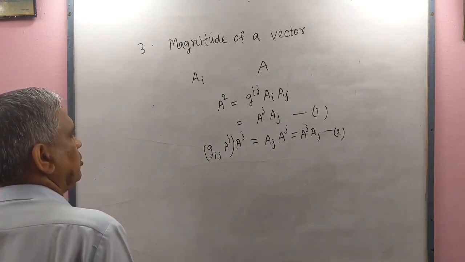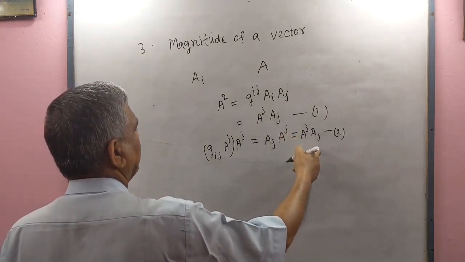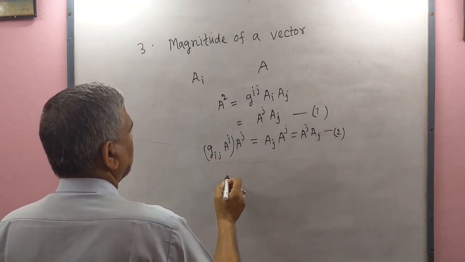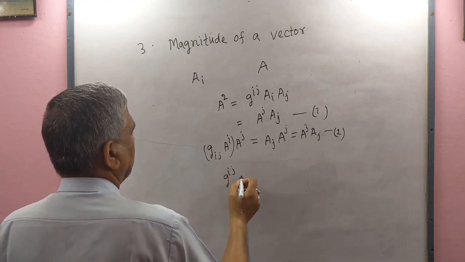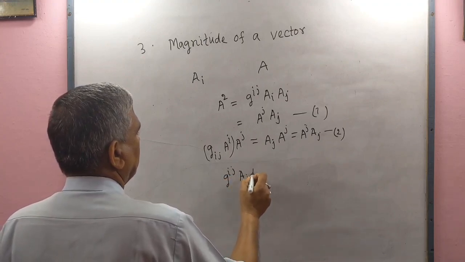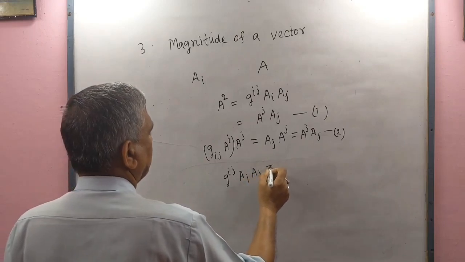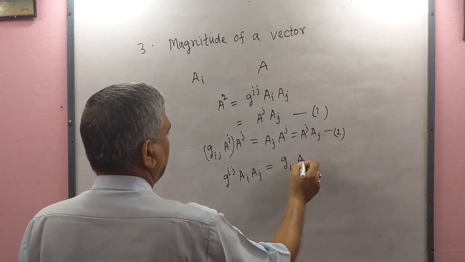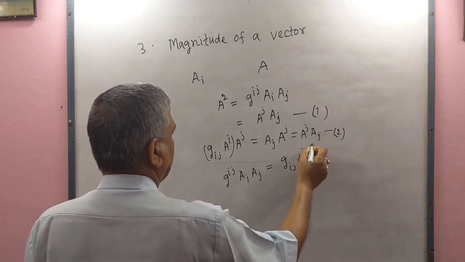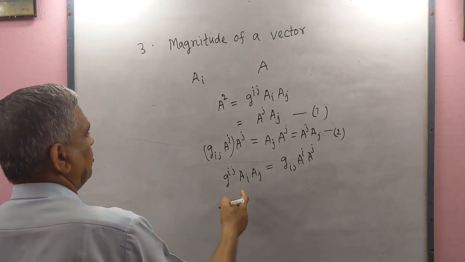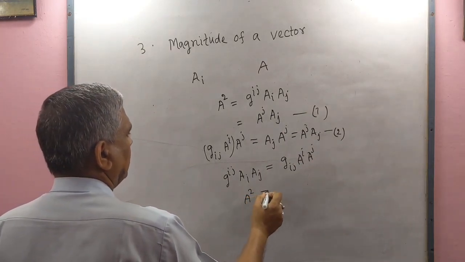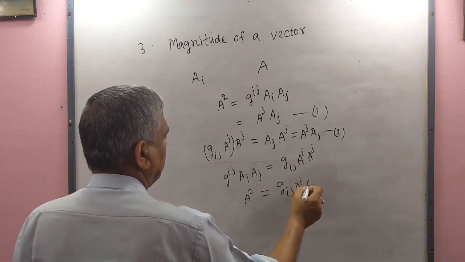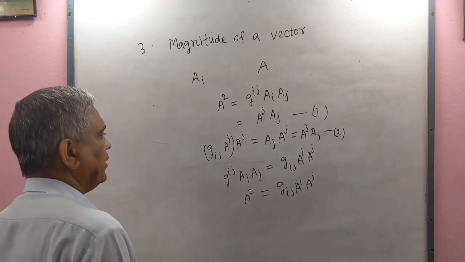From 1 and 2 we get right side equal, so this Gij Ai Aj equal to Aj Aj equal to Gij Ai Aj, and this equal to A square, Gij Ai Aj is 3.